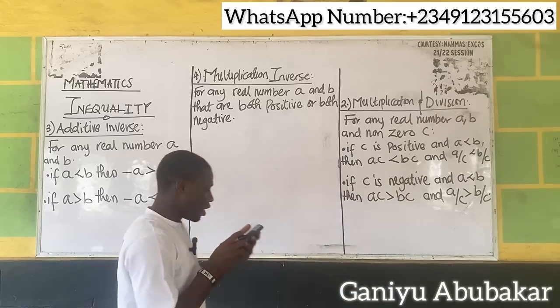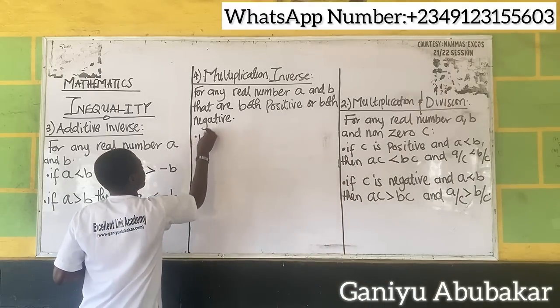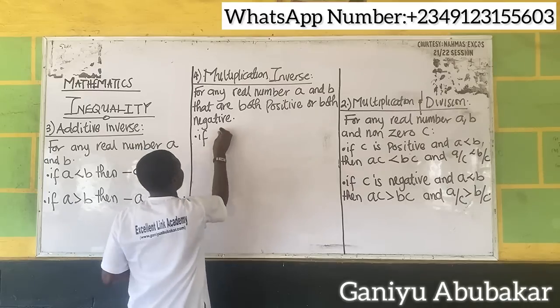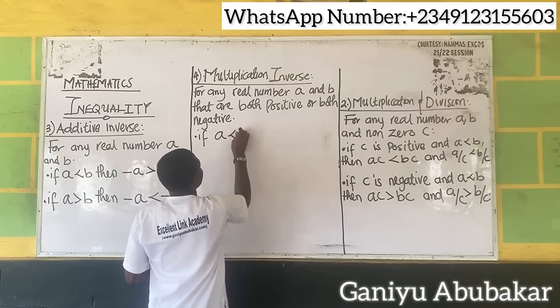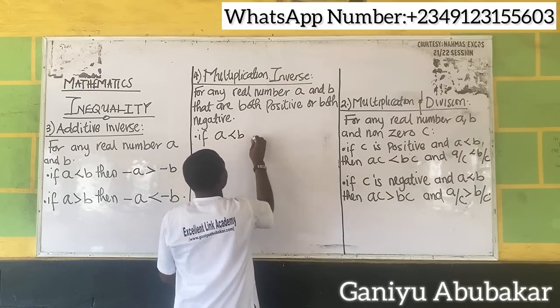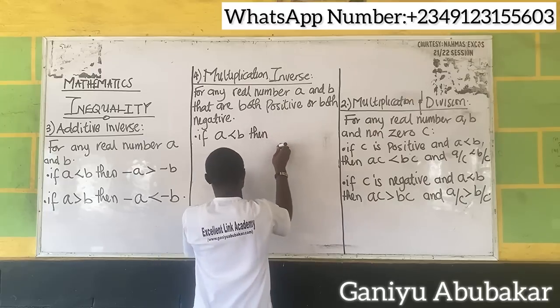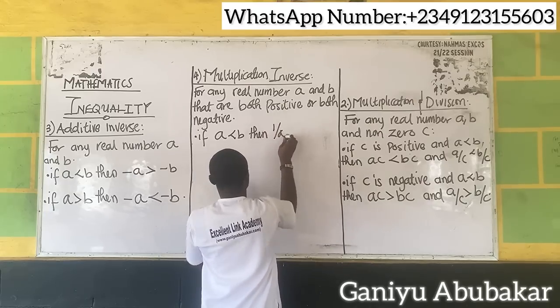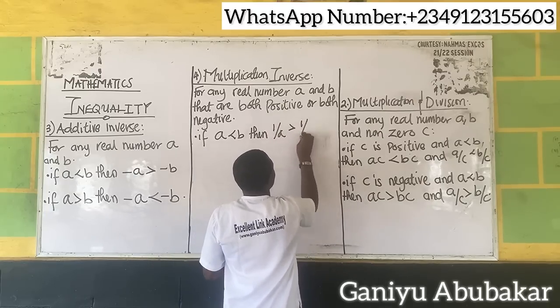The first expression is that if A is less than B, then 1 over A is greater than 1 over B.